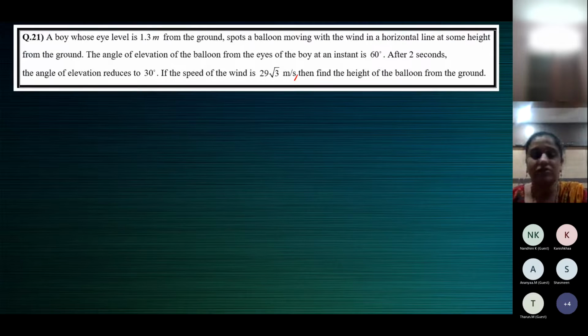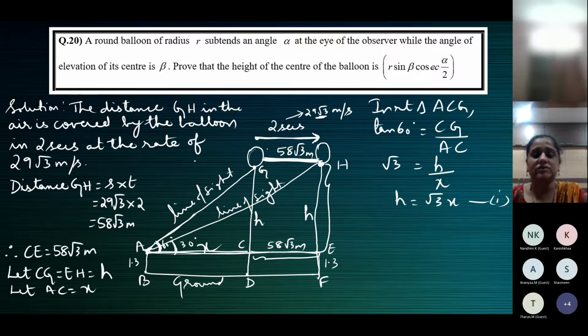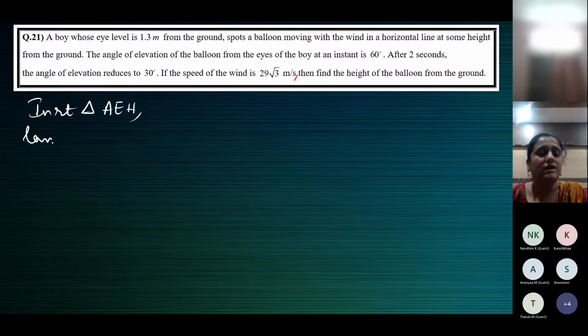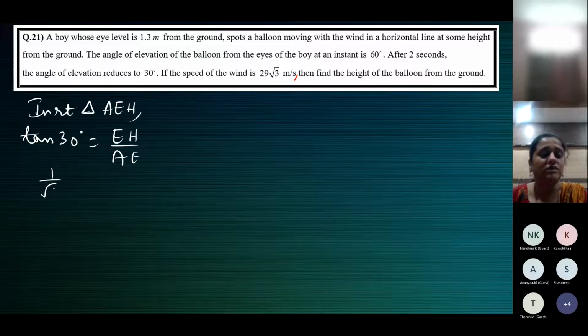Okay, which is the other right triangle? AEH. In right triangle AEH, tan 30 degrees is equal to EH by AE. Tan 30 is 1 by root 3.